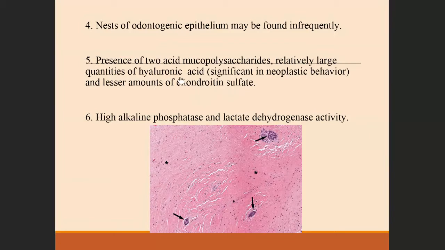This hyaluronic acid is responsible for the neoplastic behavior. Because you find more hyaluronic acid, that is significant for the neoplastic behavior of this tumor. Other than that, here this arrow is pointing out the epithelium, that is your odontogenic epithelium. So you might see nests of odontogenic epithelium.